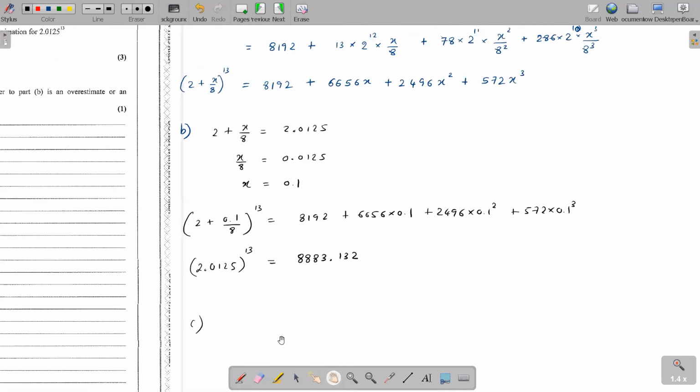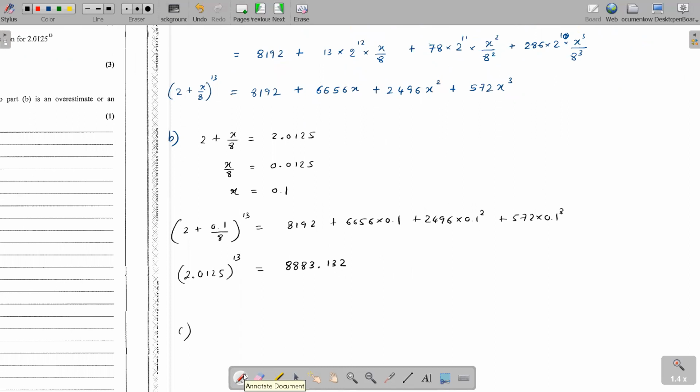Do they want a reason also? State with a reason. So how do we write the reason? You can say, to get the exact figure we need to fully expand.